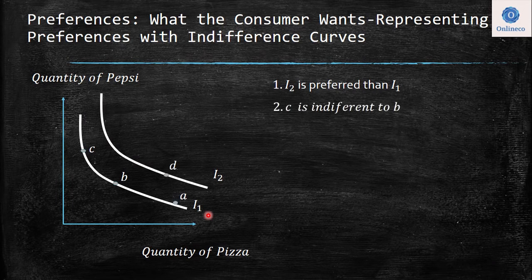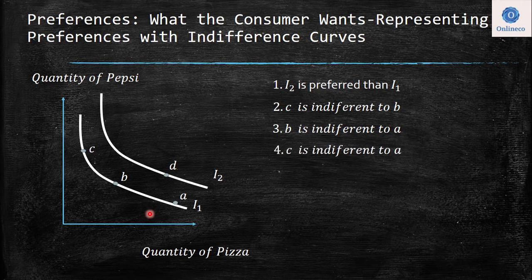Second, C is indifferent to B. Why? Because they are on the same indifference curve. B is indifferent to A. Again, all the bundles that are on the same indifference curve are indifferent to each other. What about if we talk about C and A? Again, they are indifferent as well.